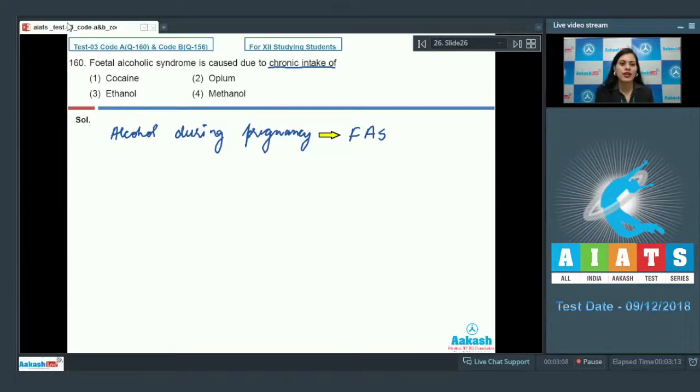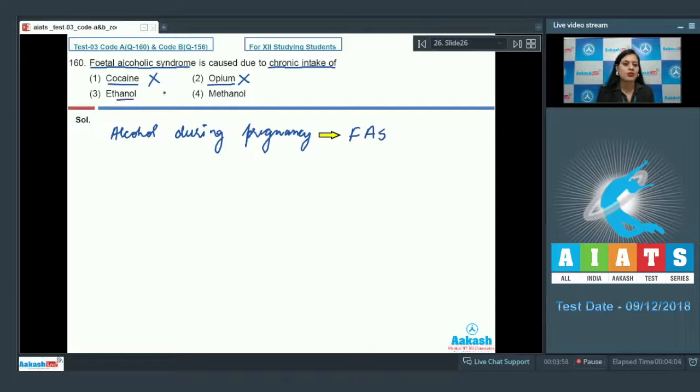So the chronic intake of alcohol, this means option number 1 and option number 2 cannot be the correct answers. Cocaine is a stimulant and its consumption doesn't lead to this fetal alcohol syndrome. Opium is an opiate narcotic, it's an analgesic, and its chronic intake will not lead to fetal alcohol syndrome, whereas on the other hand, it is the consumption of alcohol which will lead to this syndrome.